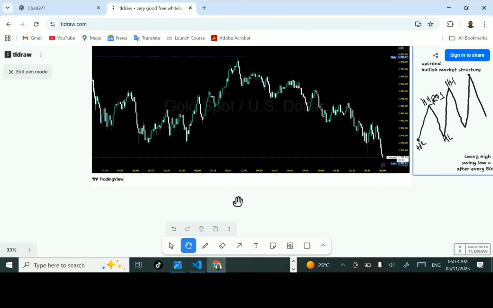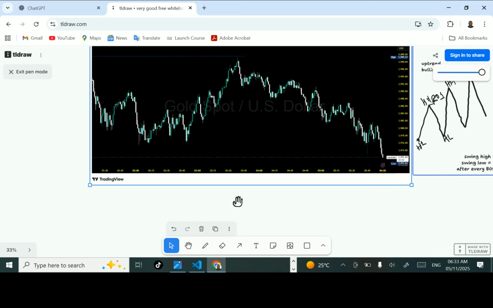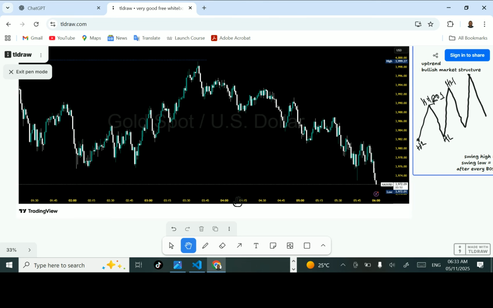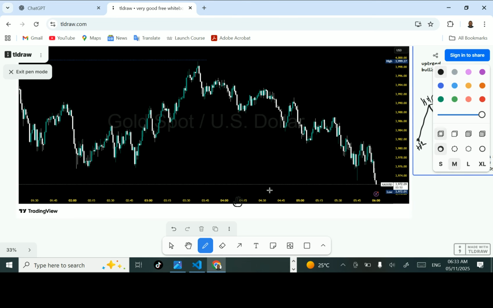So this was a screenshot that I took on gold. Well done. So what are we seeing here? From this point, we see that there is a break of structure here, BOS.